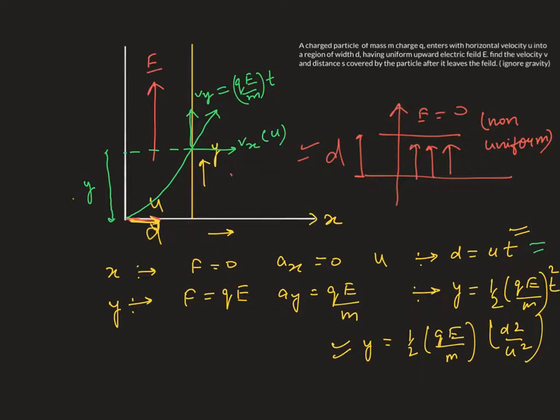Now, how do we find the distance covered by the particle? The distance covered by the particle is simply the length of the path, this path here. If you want to find the length of the path, let me take up another diagram here.